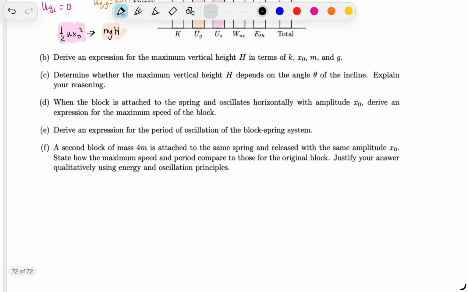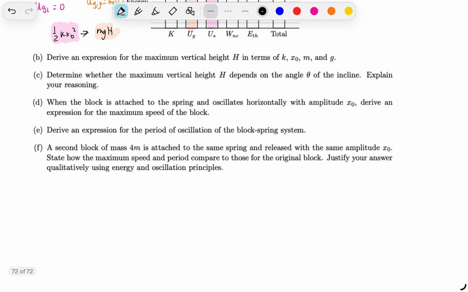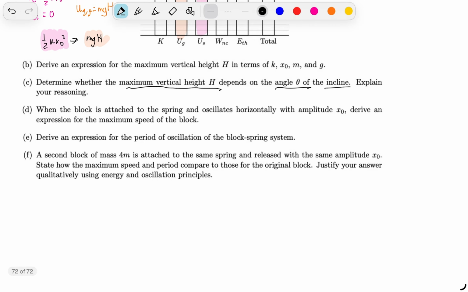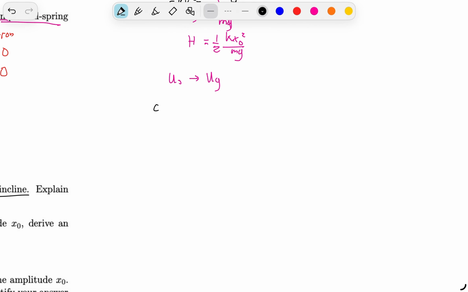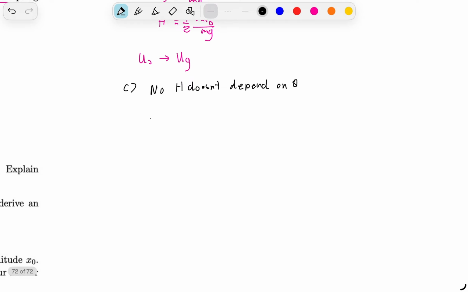Now we're asked to determine whether the maximum vertical height h depends on the angle theta of the incline, and explain your reasoning. So our answer is no, h doesn't depend on theta, because our maximum vertical height, your y max, is set by mgh equal to 1/2 k x naught squared, which only depends on the energy that we have.